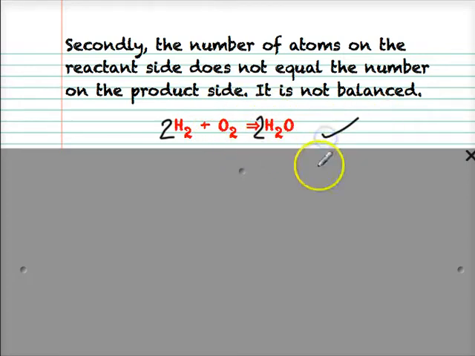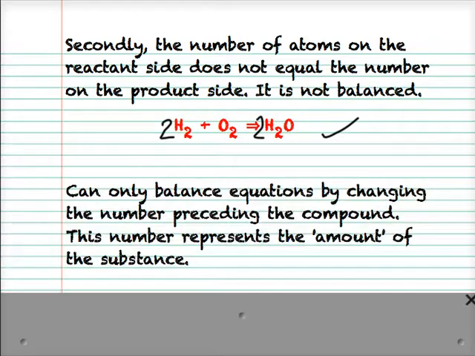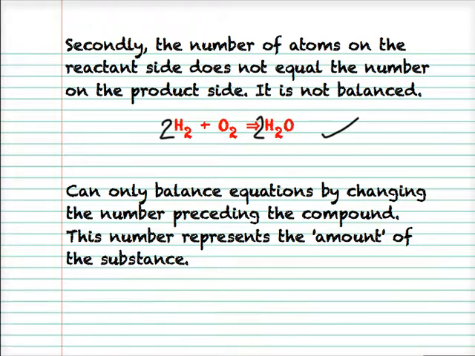So that is balanced. Now, we can only balance equations by changing the number preceding the compound. As I just said, we can't change the suffix number because that would change the actual compound that we have. So we can only change the number preceding it. That represents the amount of compound that we have. More about that later on. So let's see about balancing some other equations.